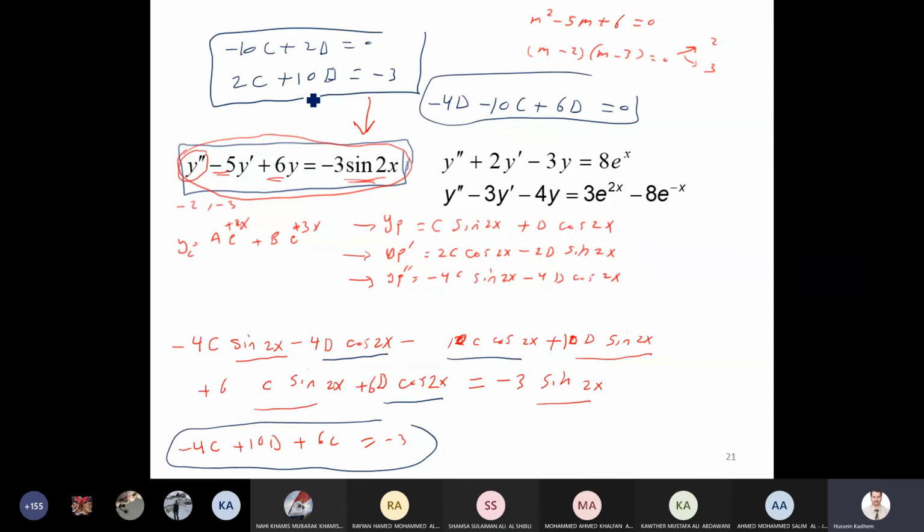Can you help me and solve them? Anybody got the solution? By elimination, by substitution, by Cramer's rule, whatever method is easy for you, go ahead. Help me with this. Take your time and solve it.